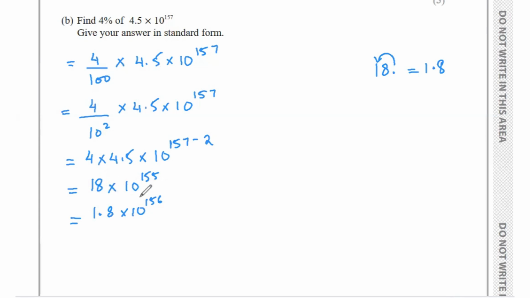Because 18 times 10 to the power of 155 is the same thing as 1.8 times 10 to the power of 156. The only difference is that in the second one, we have a decimal after the 1, whereas there is no decimal in the first one. So this is your standard form. In standard form, there's a decimal after the first digit, and the first digit has to be greater than 0.